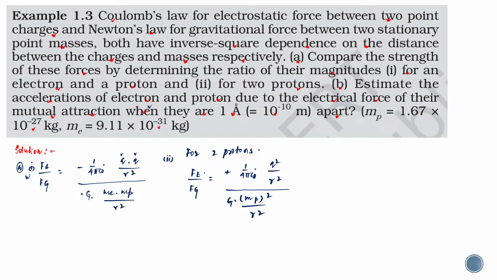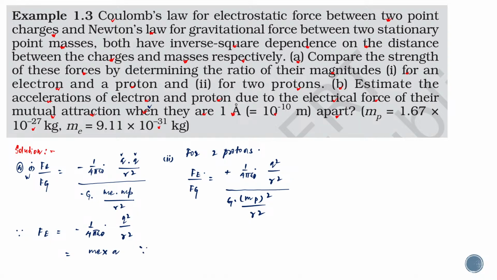So we find out electrostatic force between electron and proton, it will be minus 1 by 4 pi epsilon naught into q square by r square, and according to the second law of motion, force on electron will be mass of electron into acceleration of electron.